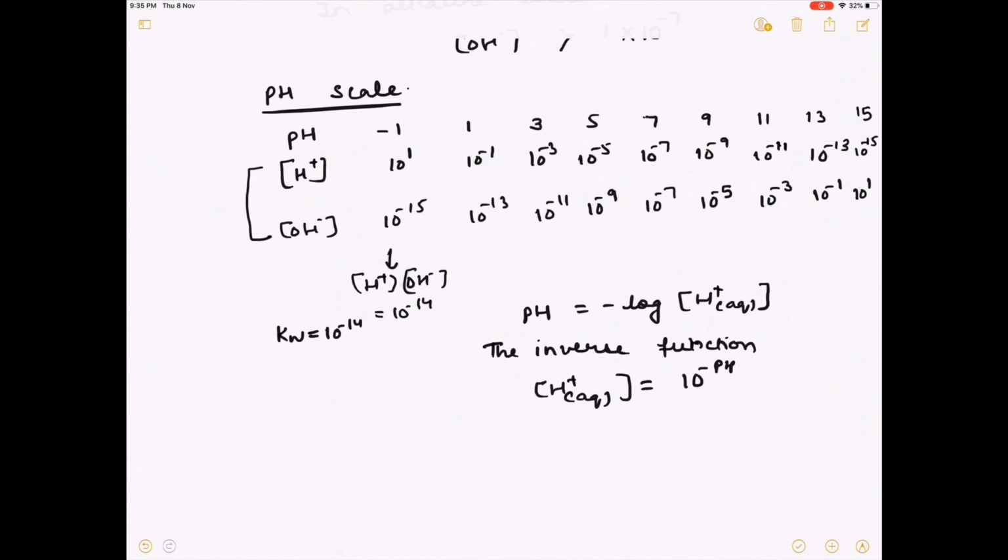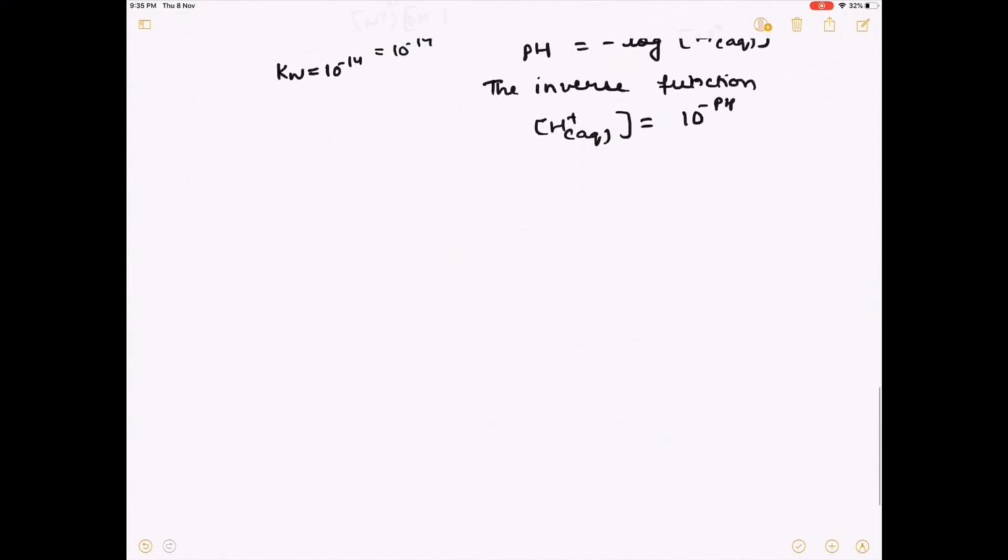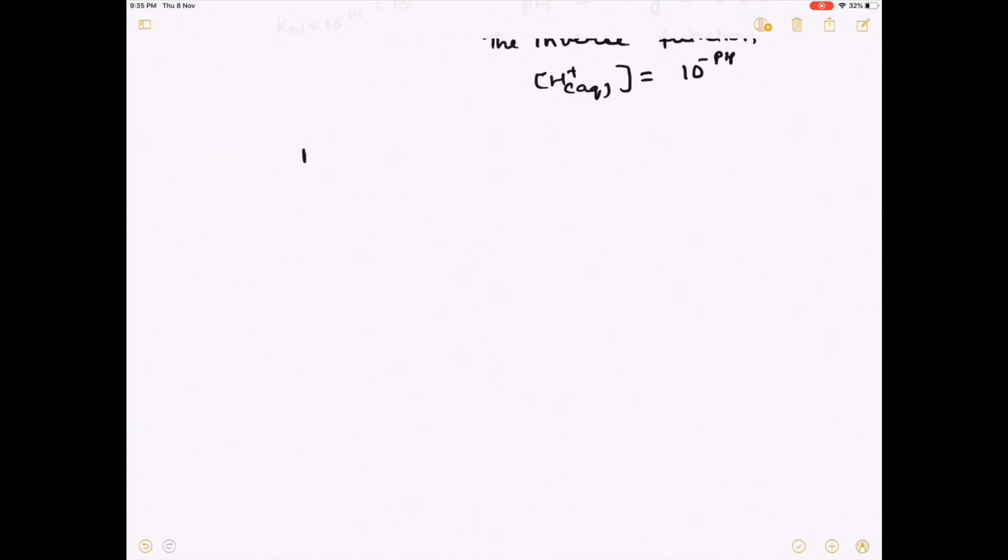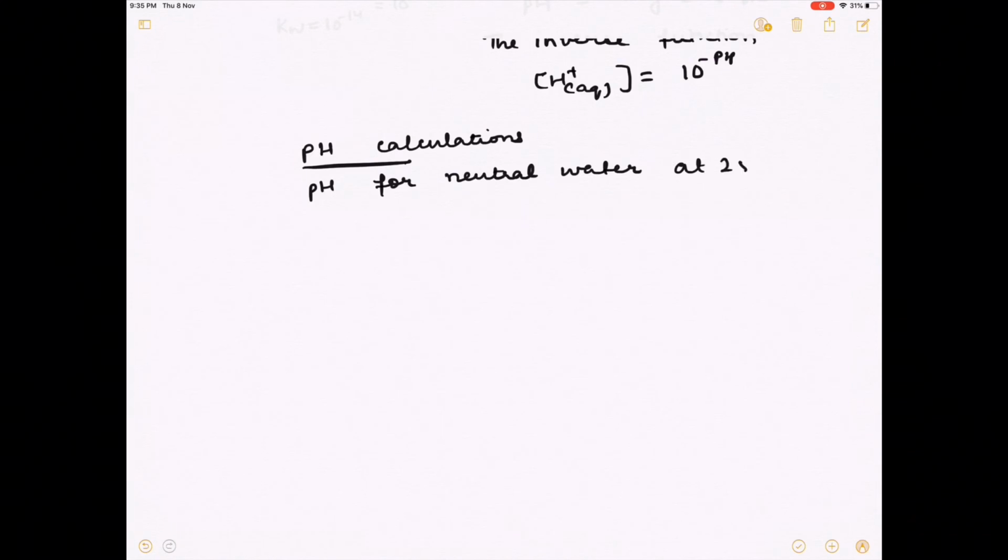Now let's start with pH calculations. Suppose we have to find out pH for neutral water at 25 degrees. Now, for neutral water, you know H ion and OH ion, we have already discussed this.